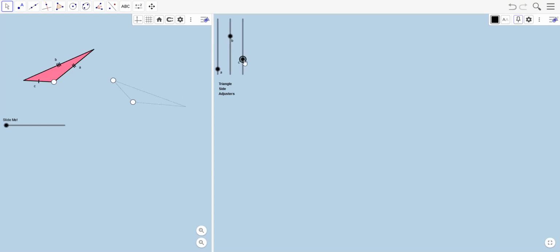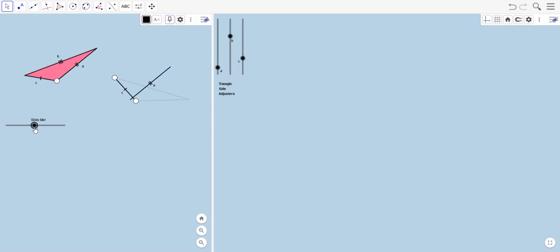And so we have three sides there. Now let's see what this does. Now we have another triangle over here. Potentially that's congruent. Let's see if it is. We notice that that side is the same length, that side's the same length, and that side is the same length. So according to what we've just seen, that should be congruent.